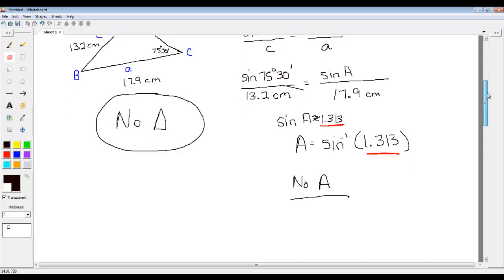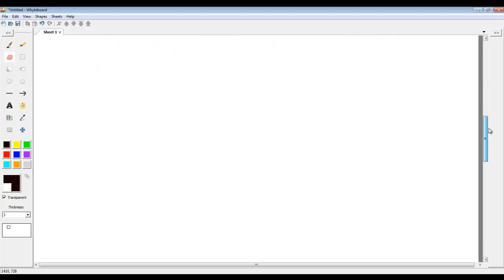Alright, let's look at a situation where there's two possible triangles. Okay, next one. We have triangle ABC. I'm just sketching a triangle, not trying to be accurate with the dimensions.